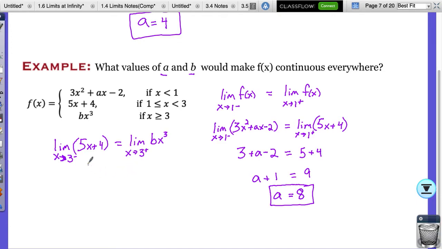If you plug 3 in there, you would get 19 on the left-hand side, and you get 27b on the right-hand side. And so in order to make this continuous, you would need to have b to be 19 over 27.